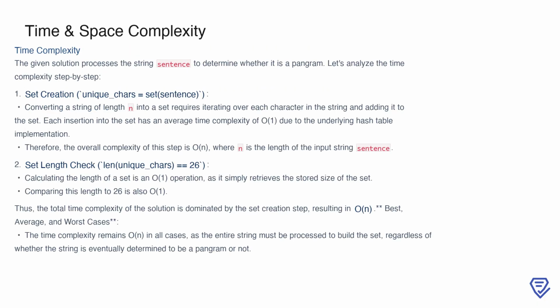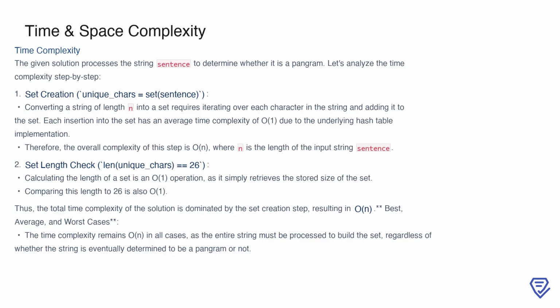To analyze the time complexity of the solution, we start with the process of creating a set from the input string sentence. This involves iterating through each character in the string, and since each insertion into the set operates in constant time on average, the overall complexity of this step is O(n), where n represents the length of the string. Next, we perform a length check on the set to see if it contains 26 unique characters.